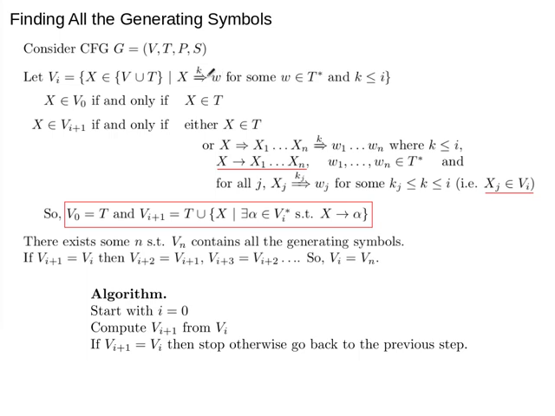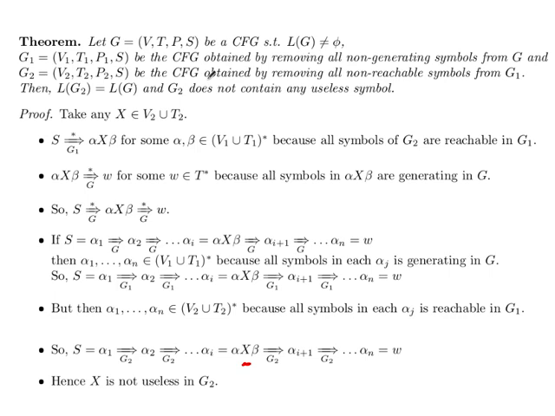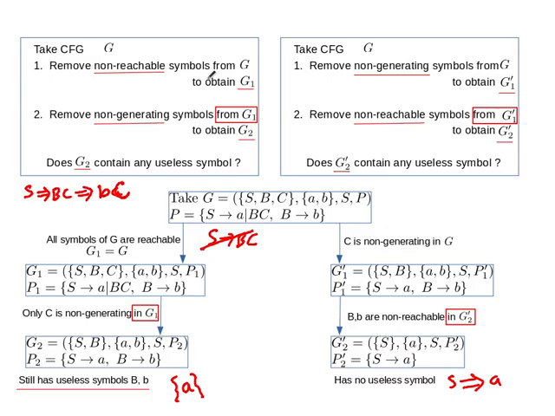So again, we can use this two-step process. You start from here, you find all the generating symbols, you just retain those. Again, from here you find all the reachable symbols, you just retain those, and you get something simpler.